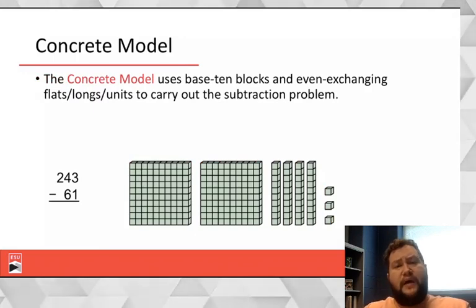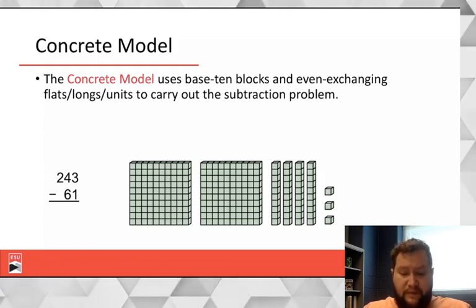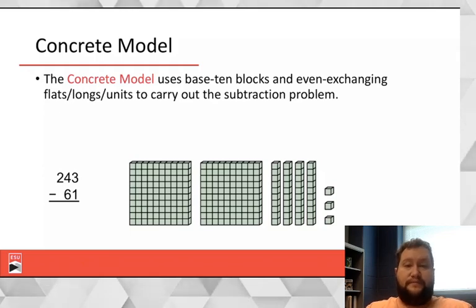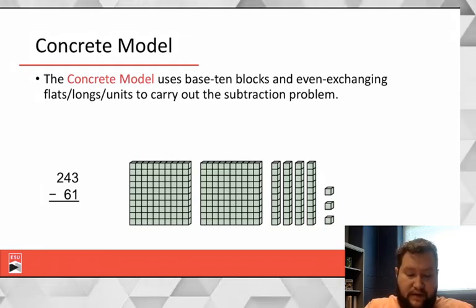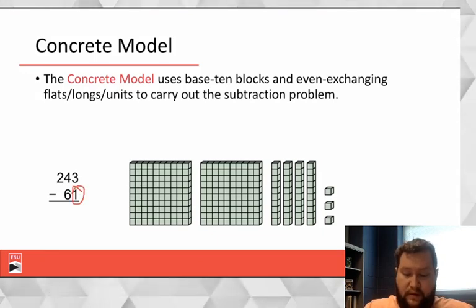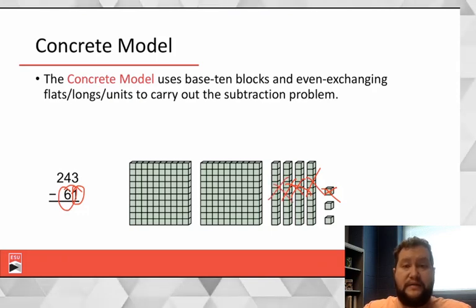Now, the concrete model uses base 10 blocks and even exchanging to carry out the subtraction problem. Suppose here we have 243 minus 61. The first thing we can do is get rid of this 1 unit, and then I have to take away 6 tens. I have 1, 2, 3, 4 that I can take away, and I still need 2 more.